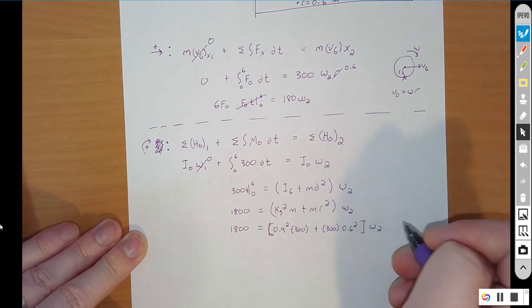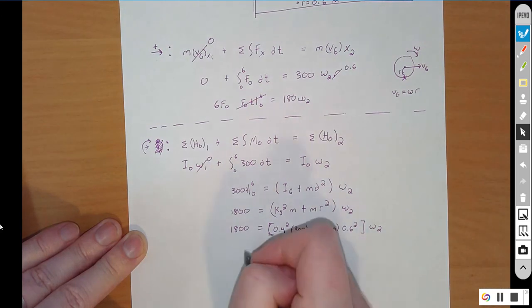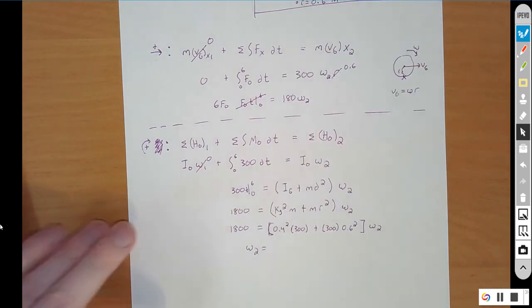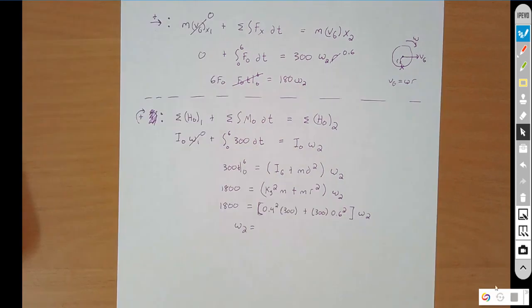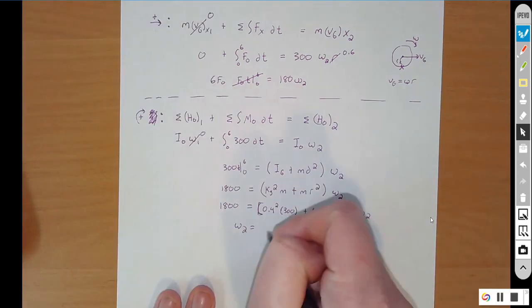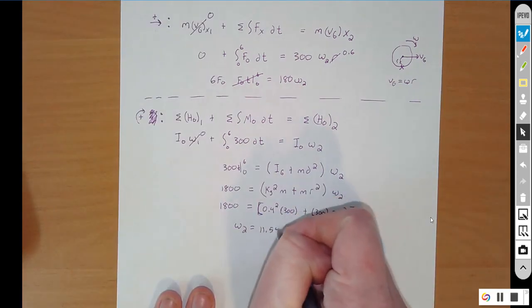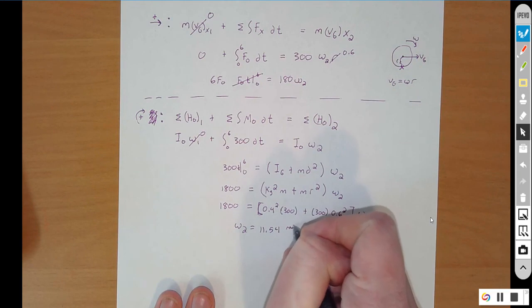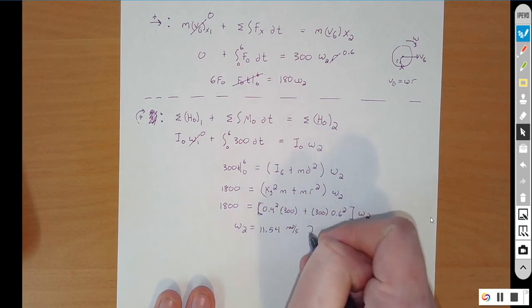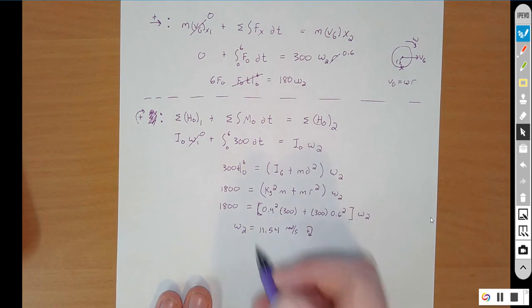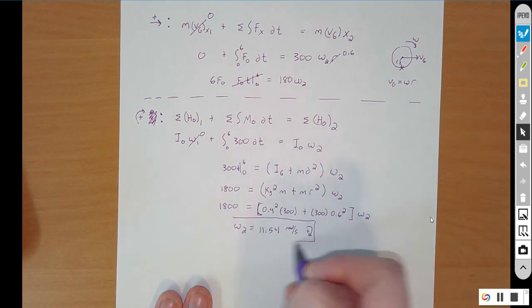And omega 2. So when I solve this for omega 2, I will get 11.54 radians per second, and it's positive, which means it is in this direction. So that's the first thing I wanted to find.